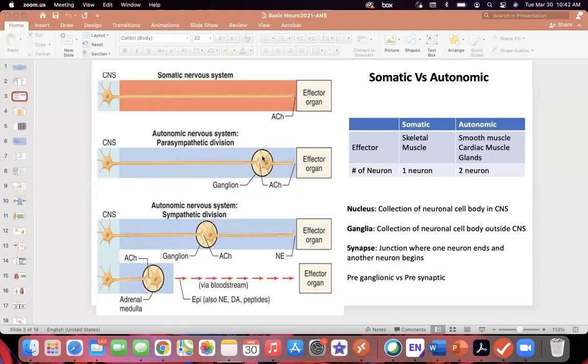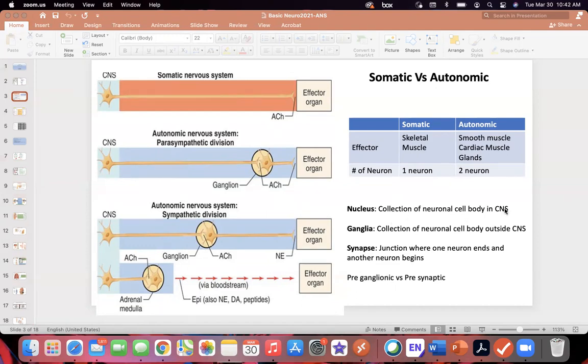Now, let me make clear about two things. Ganglia is where you find the neuronal cell bodies, okay? When we talk about the central nervous system, we use another term called nucleus. When we talk about the neurons from where the cranial nerves arise, we call them nucleus, because it is a collection of cell bodies within the central nervous system.